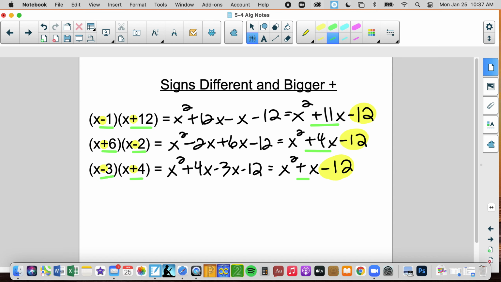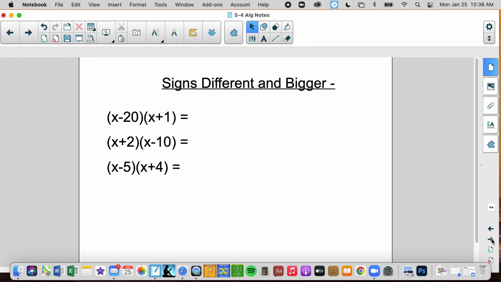So we notice that all of our middle terms are going to be positive because we know the signs are different, so we have to take the difference of both of these, and we have more positives than negatives. We have 12 positives, 1 negative, 6 positives, 2 negatives. So we're always going to have an abundance of positives, so I'm always going to have a positive as my middle term when my signs are different and the bigger is positive.